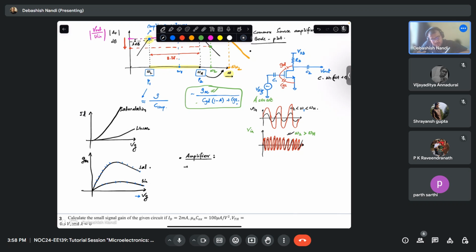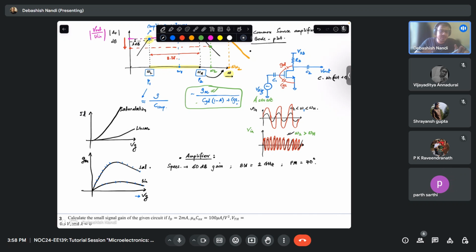First step, you are given that, let's say, you need to have a 60 dB gain, okay, over a bandwidth of, let's say, 2 gigahertz. These are the specifications you are given, specs you need to meet, okay. And let's say your phase margin has to be around 70 degree, okay.